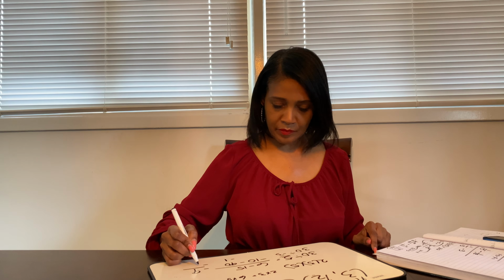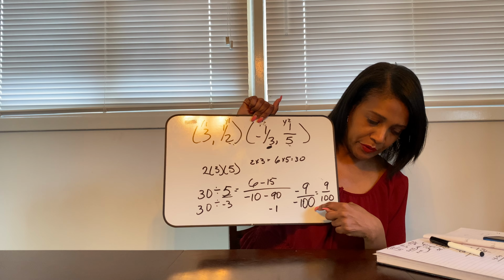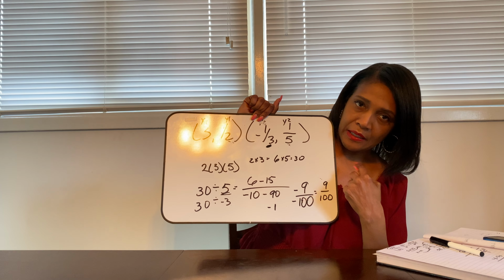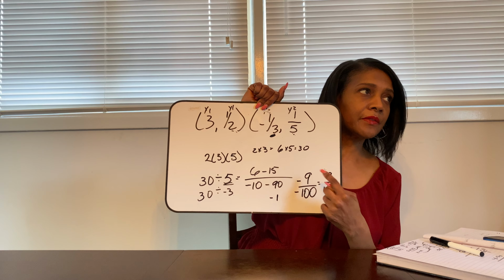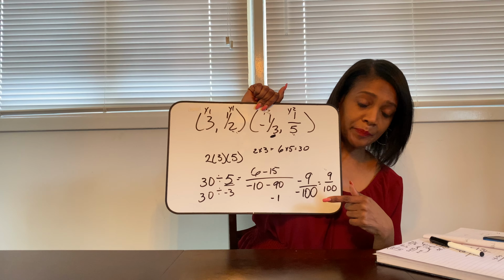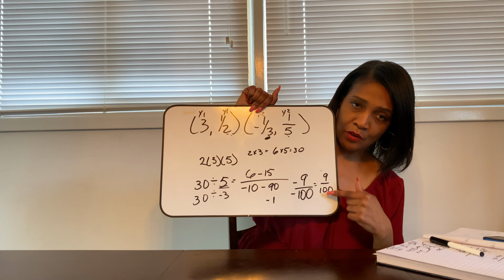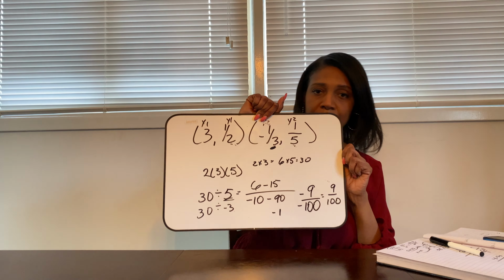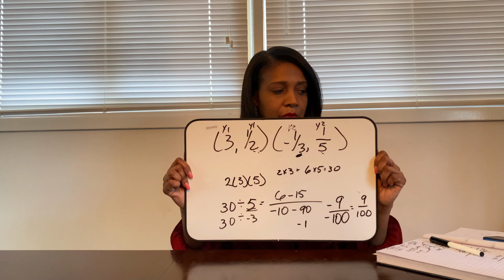And negative 10 minus 90 is going to be a negative 100. Anytime you have two negatives, a negative divided by a negative will be a positive, okay? So your answer will be just a positive 9 over 100. Okay, did you get that?